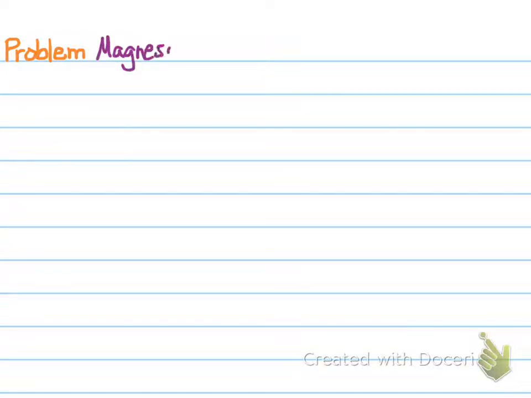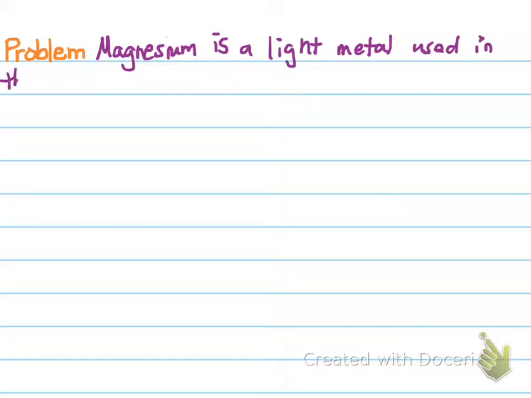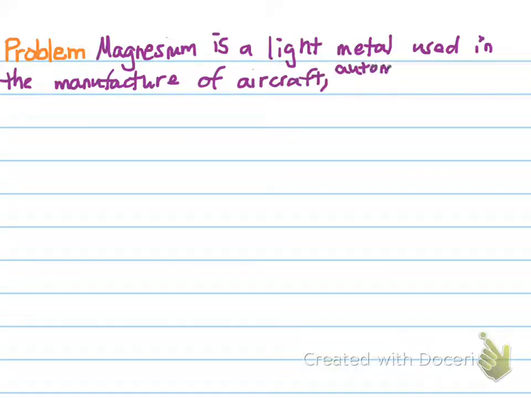Magnesium is a light metal used in the manufacture of aircraft, automobile wheels, tools.